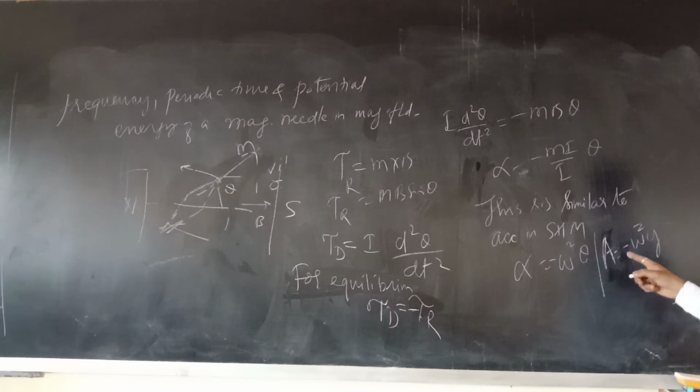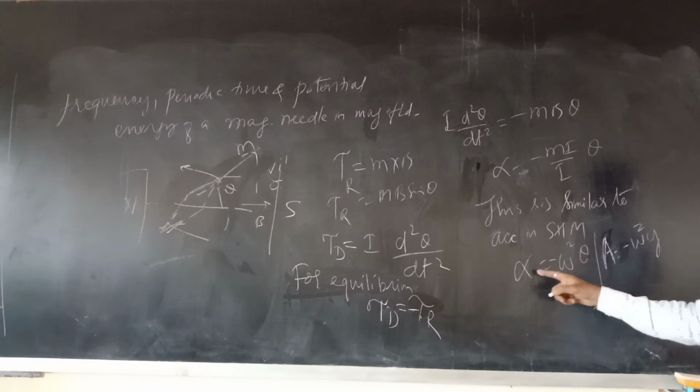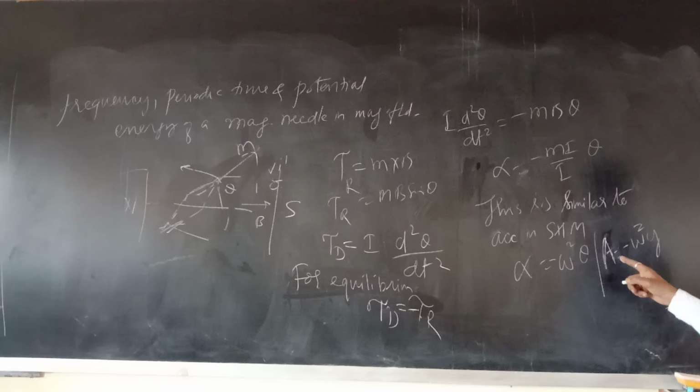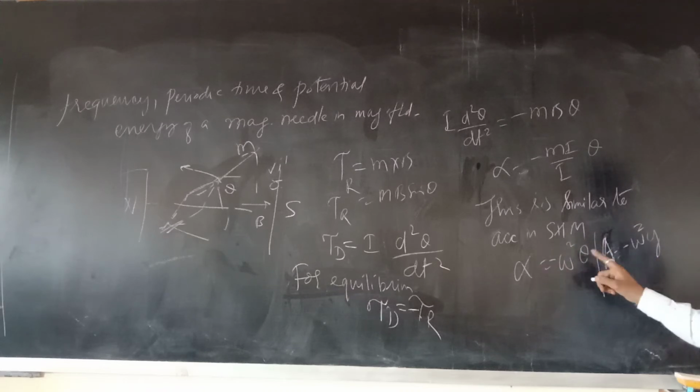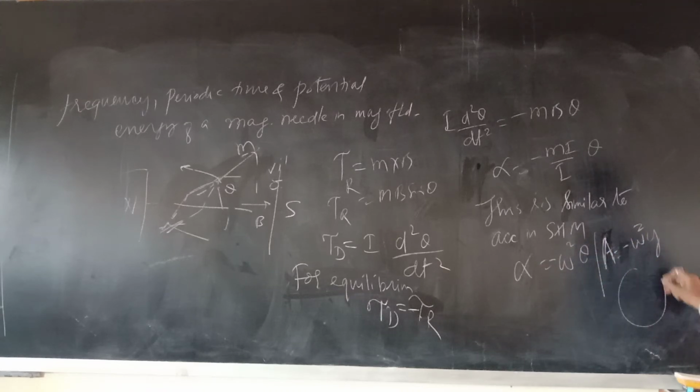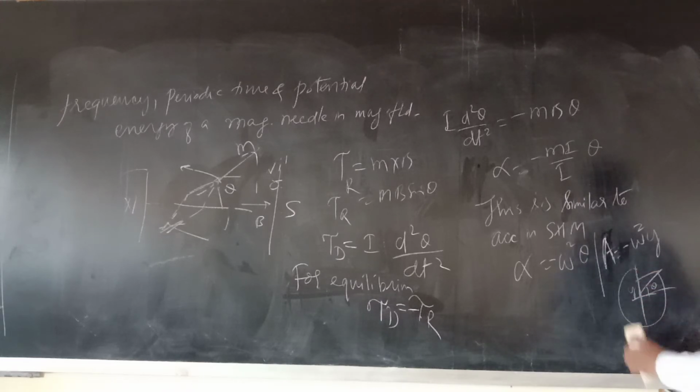See, in SHM a is equal to minus omega square y. This is in terms of linear acceleration, this is angular. This is linear displacement in case of SHM, y. Theta is angular displacement. The foot of the perpendicular performs SHM.